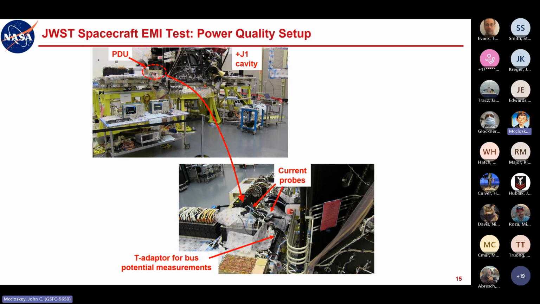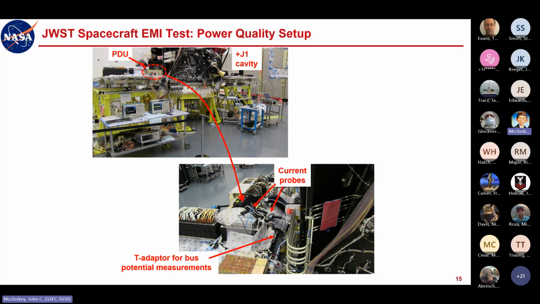All of this is planned well in advance, by the way. Months, if not probably a year of planning went into each of these tests. But as we were talking about how we would do this, we saw we would have a window of opportunity before closing this panel, and we said, okay, it's not really ideal that the panel's not going to be closed up, but for a conducted test for power quality, probably okay.